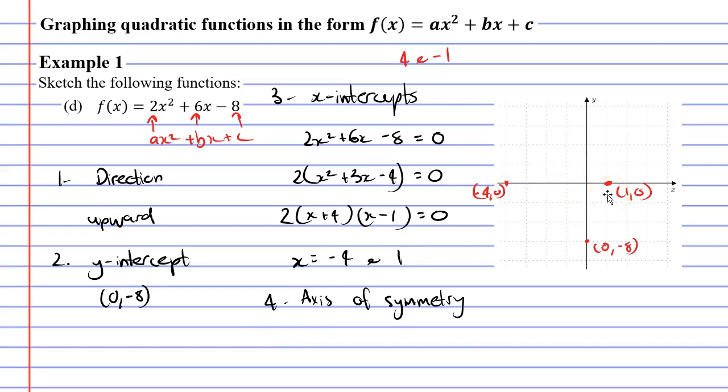Now, sometimes it's not completely obvious where the halfway point is. When you get in situations like that, you simply take your two numbers, -4 and 1, and you add them together. So -4 plus 1, I'll put brackets around to show that I'm adding first, and then divide them by 2.